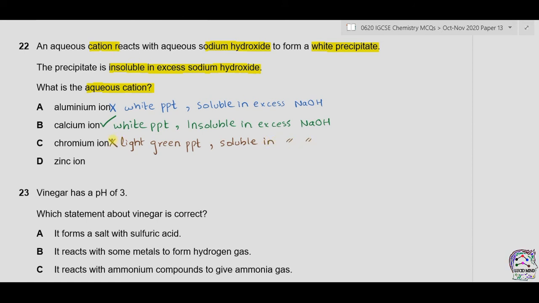So it is not C. D is zinc ion, and zinc ion makes a white precipitate with aqueous sodium hydroxide, and again it is soluble in excess. So it is not D. The correct answer is therefore B.